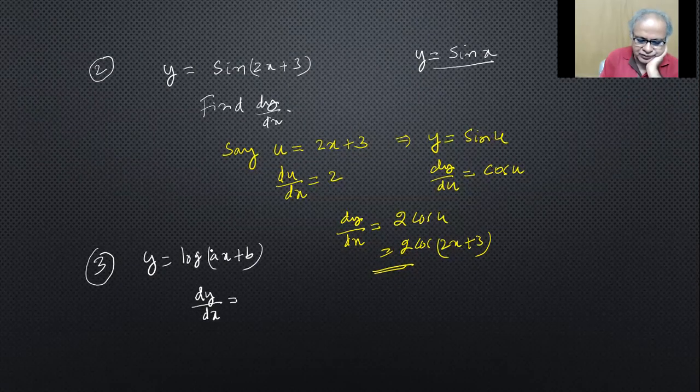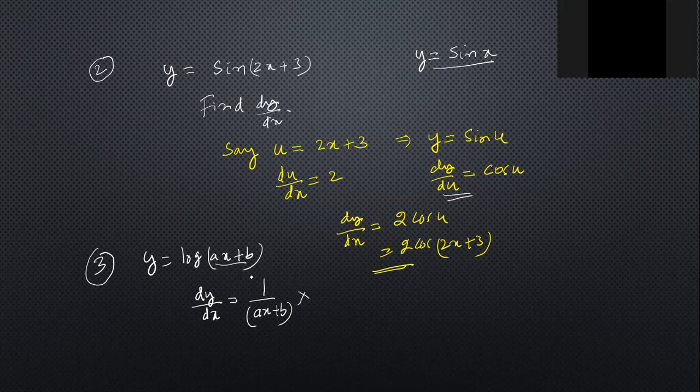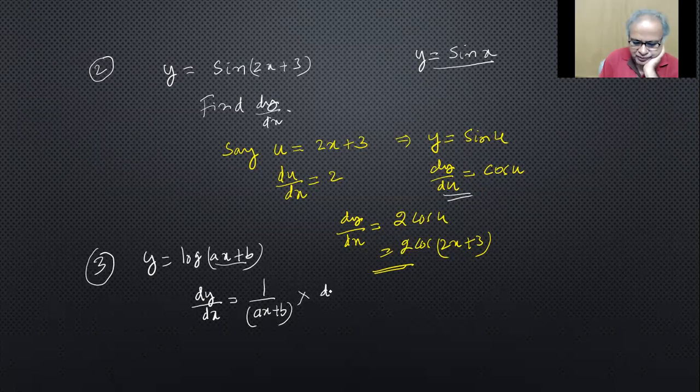First log function, or first ax plus b function, doesn't matter. Log function's derivative is what? 1 by x, right? In the place of x, like I have u, 1 by u. Do you follow? That is dy by du into the differentiation of ax plus b.